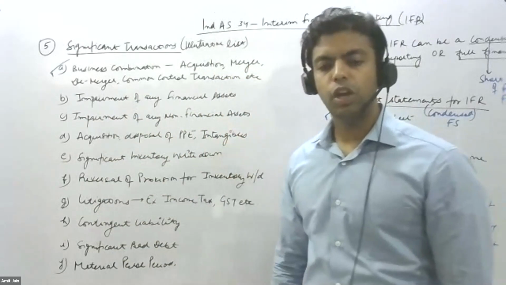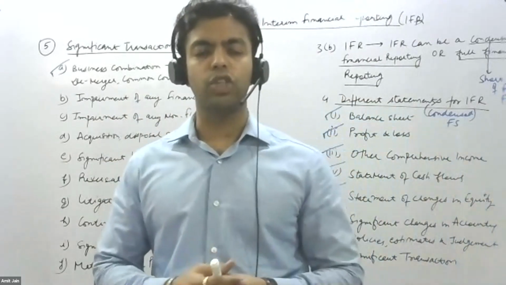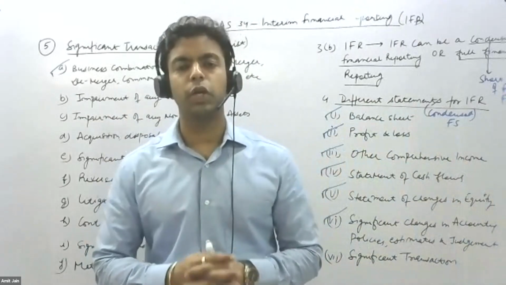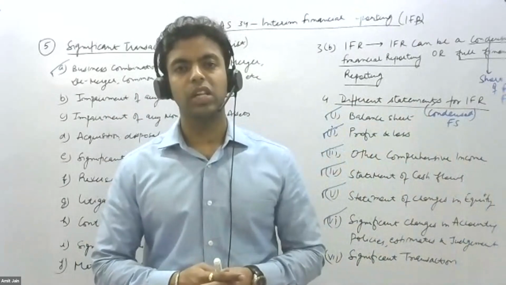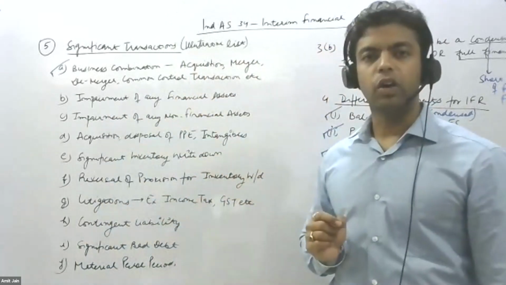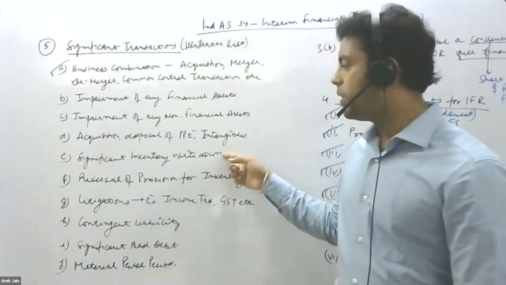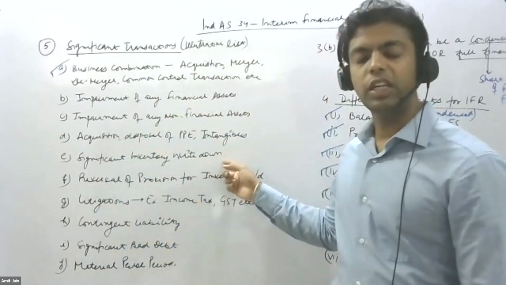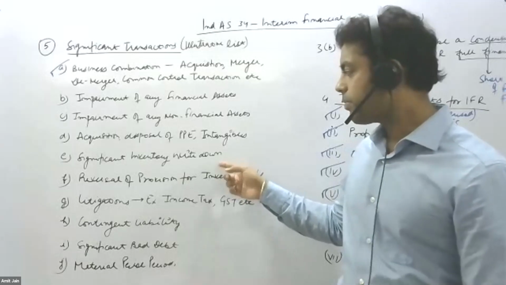Acquisition or disposal of PPE: if there is a significant acquisition, or a disposal of PPE during the particular period, that needs to be disclosed in the financial statement. What else? Significant inventory write down. If the company has incurred a significant inventory write down, that needs to be disclosed in the interim financial reporting itself, right?